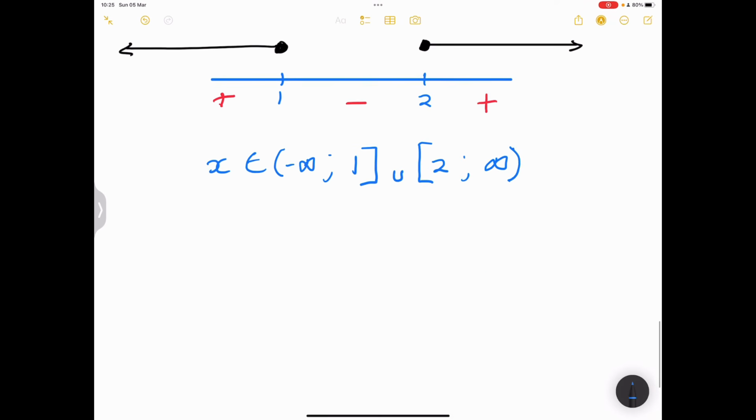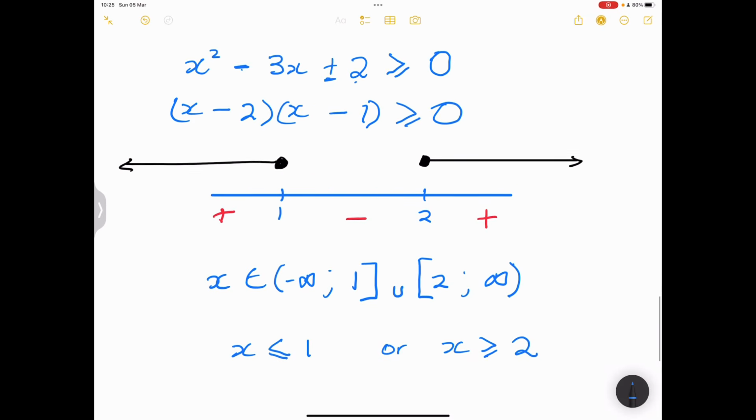We can again put this as an inequality. This is going to be x is less than or equal to 1, or x is greater than or equal to 2.